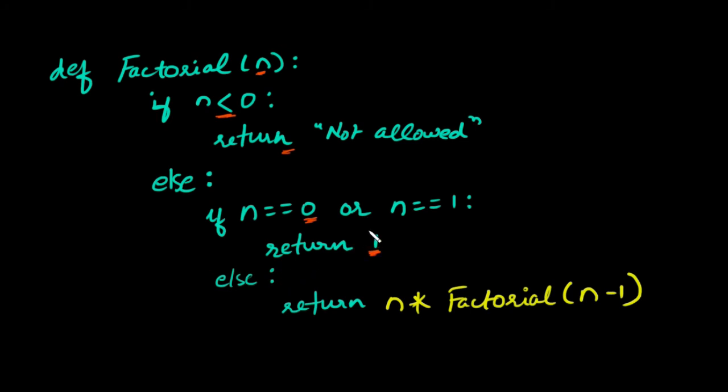Now we'll define our base case, which is: if n equals 1, then return 1, else in every other case we return n multiplied by the factorial of the preceding number, which is n minus 1. Right? Fair enough? This will go on until we reach factorial of 1, in which case it will return 1.